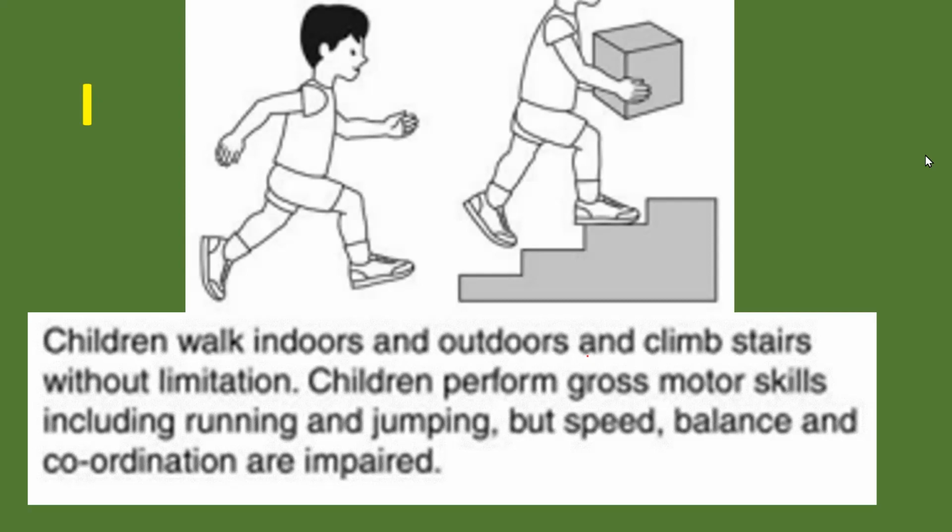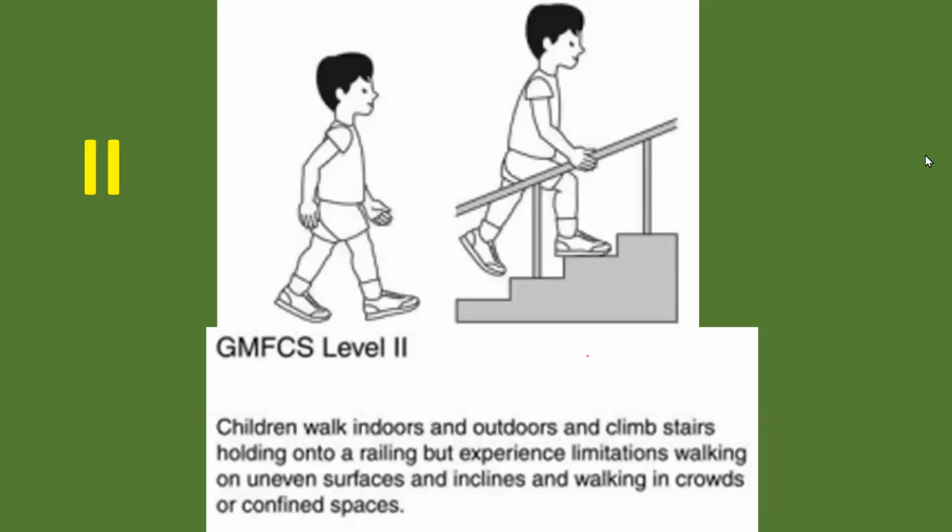This is one type of GMFCS. The second type: children walk indoors and outdoors and climb stairs, holding onto a railing, but experience limitations of walking on uneven surfaces and inclines and walking in crowds or confined spaces.